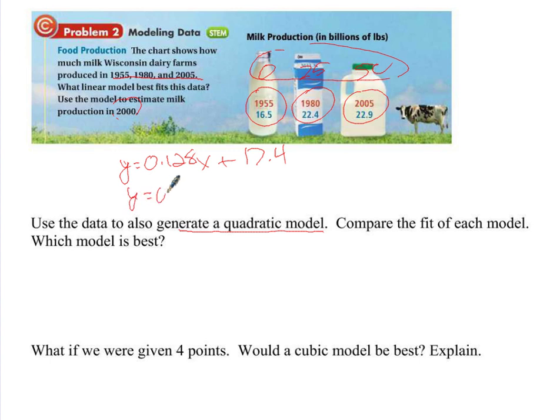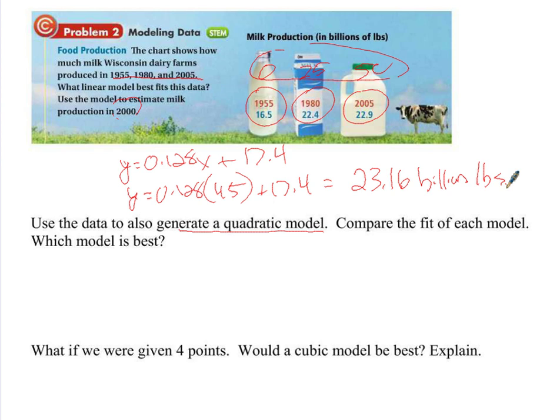So y equals 0.128 times 45 plus 17.4. And then you enter all that into your calculator, and what do we get? 23.16 billion pounds of milk. So before we go on to the next part, let's talk about this answer.